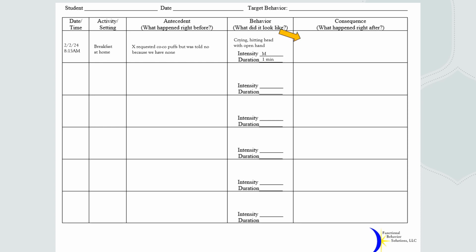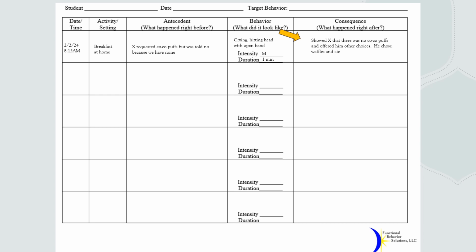And when you look at the consequence, remember you are not necessarily talking about a consequence that is being applied, like I made him sit in timeout or something like that. It's oftentimes the natural consequence that occurs. This information helps us understand what the function of the behavior could be, because remember, behavior communicates.